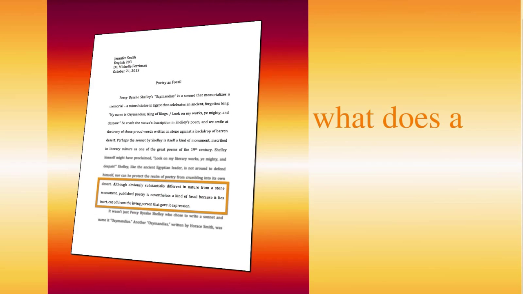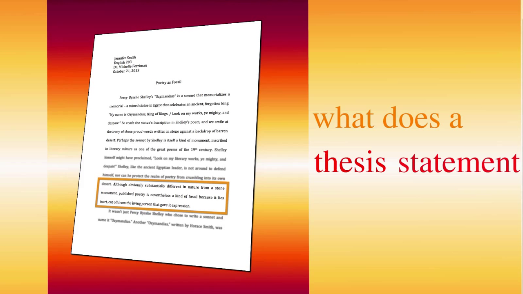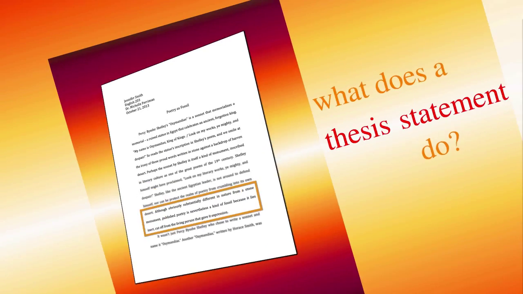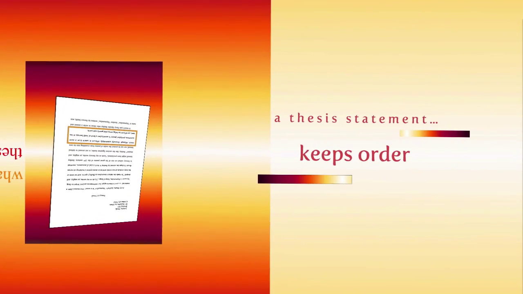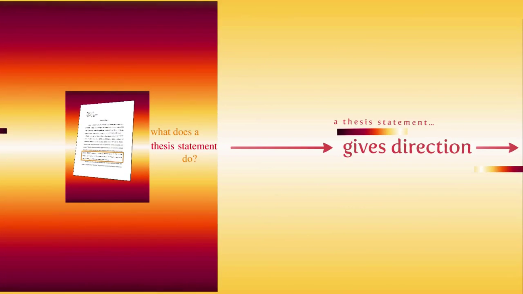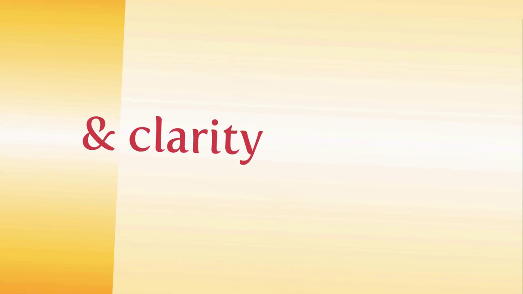So let's start with this. What exactly does a thesis statement do? Why do teachers get so unhappy if you don't have a good thesis statement, and how does it serve your writing? Well, your writing can be kind of jumbled, and a thesis statement keeps order. It's a way that you can keep direction, convince your readers that you do have a direction for what you're trying to argue, and that what you have to say will also be clear.